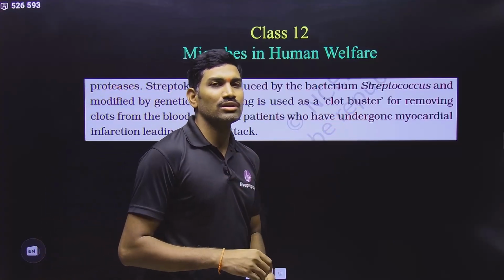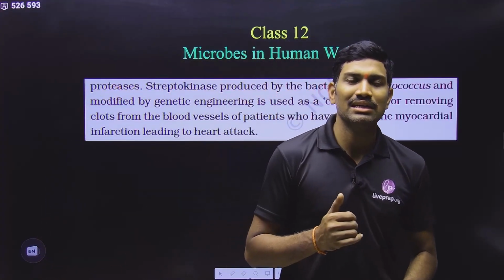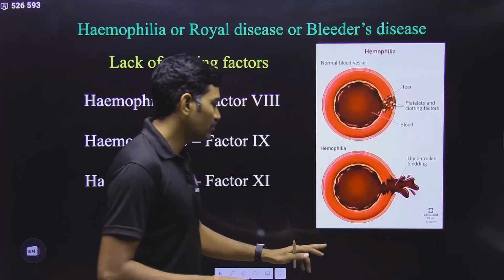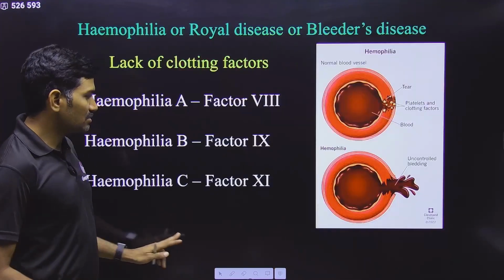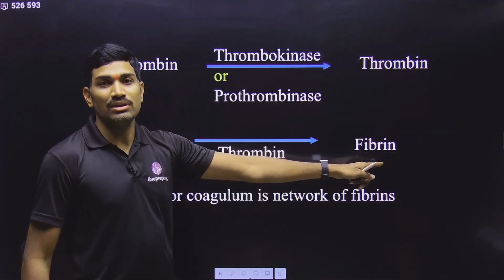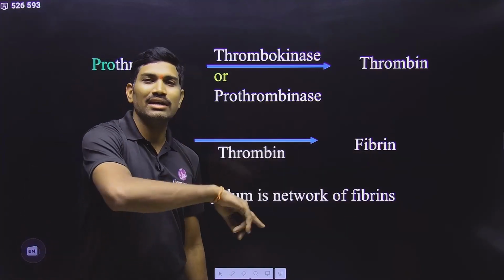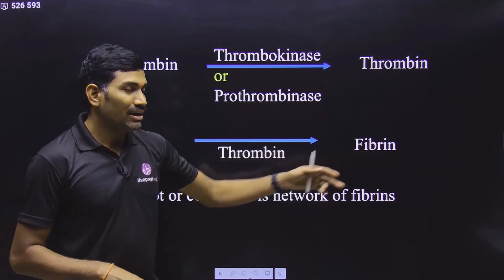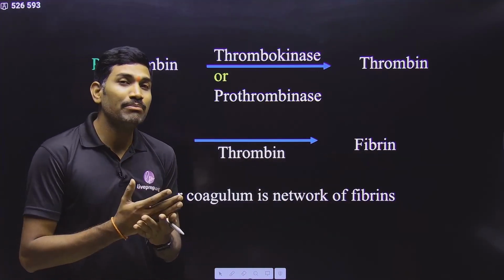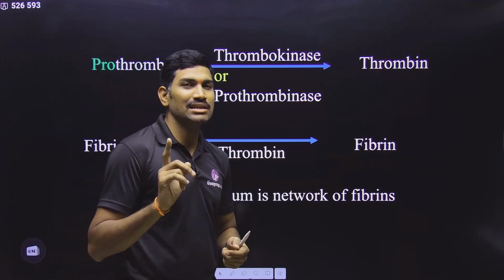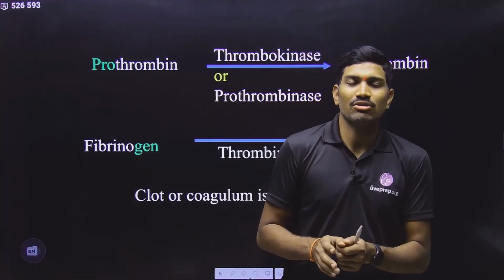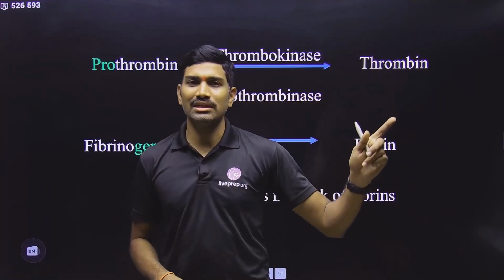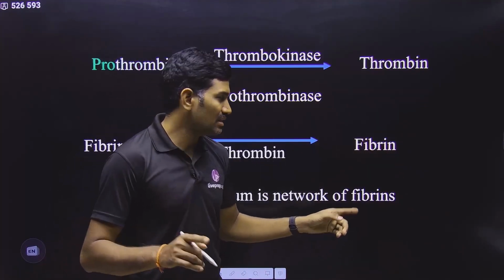Used to dissolve blood clots means what? Technically, the blood clot is having fibrin proteins. Yes or no? Blood clot is actually having what? Fibrin proteins. So what is this streptokinase having? Fibrin lysins. Please understand these technical names. You may think that it is not given in NCERT, but they have mentioned it in the class 12th chapter. You need to understand this.